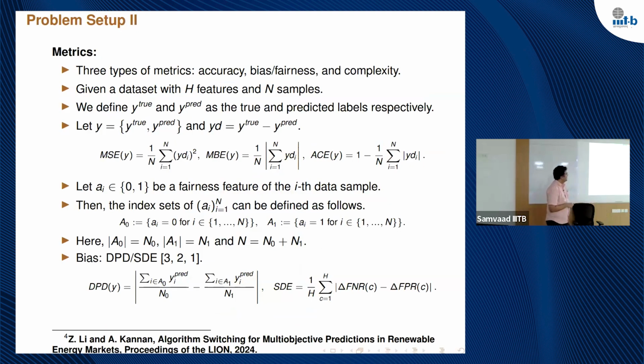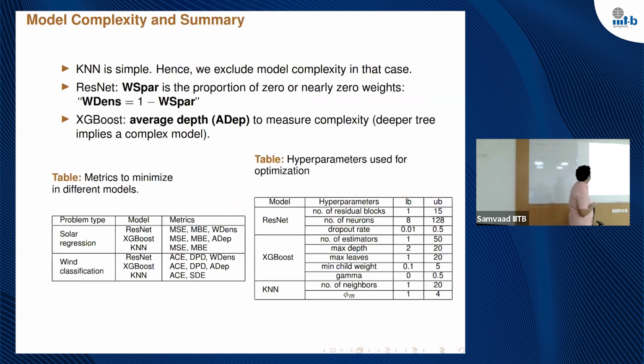And naturally, we also have, if you've heard about disparate parity difference, that is another metric, which is replicative of bias in machine learning models. And of course, we have sparsity. We want to have as sparse models as possible, which have the least model inferencing time or computational time, and so on and so forth.